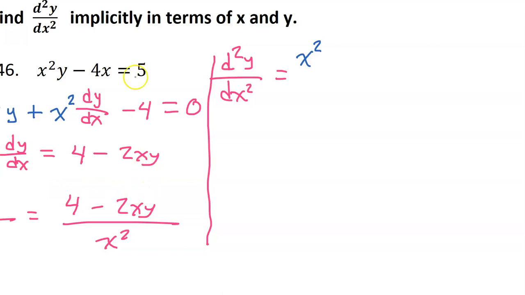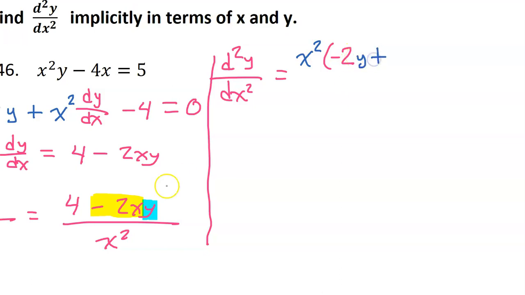And then d high. So I'm taking the derivative of the top part, the derivative of the numerator. The derivative of 4 is 0, so I write nothing. And now I'm doing the derivative of this. So it's going to be the product rule. I'm going to look at it as this yellow factor times the blue factor. The derivative of negative 2x is negative 2, and then I leave the blue part alone.